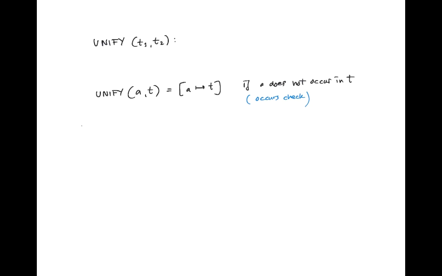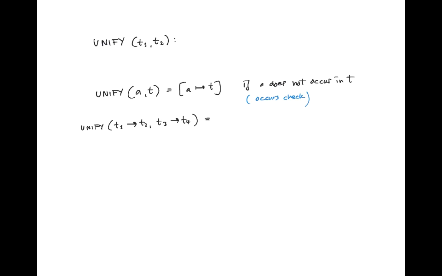Now, how do we unify composite expressions? Well, if we have T1 to T2 and T3 to T4, how can we solve this term equation?